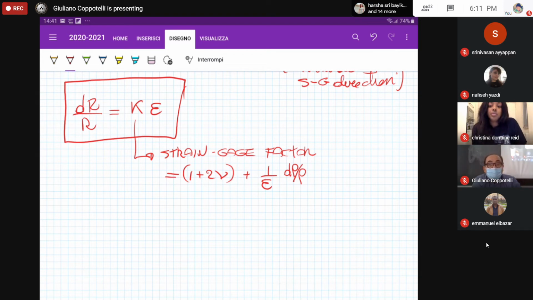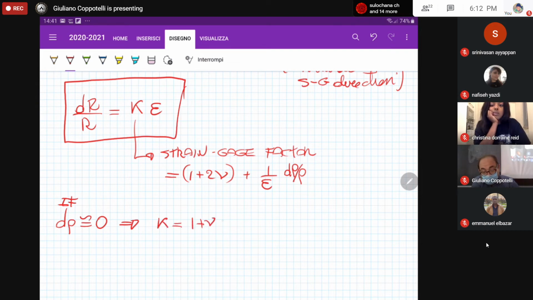Okay, but let's assume for a while that the change of resistivity is practically zero. If this is true, then K is 1 plus 2 nu.